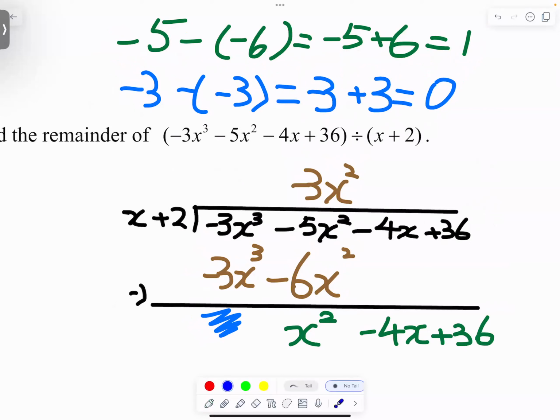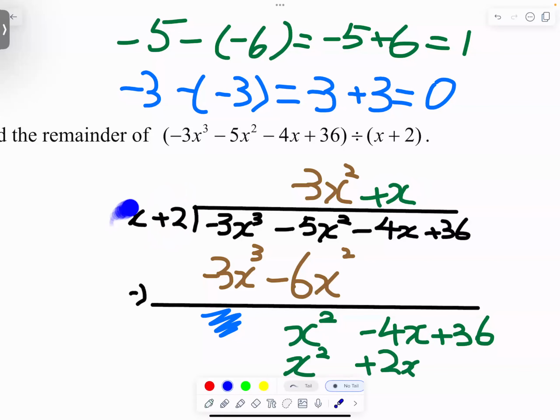And then repeat the steps. X times what is x squared? It's just single x. So plus x. X times x is x squared. And then we can't leave this 2 alone, so you do it together. 2 times x, 2x.